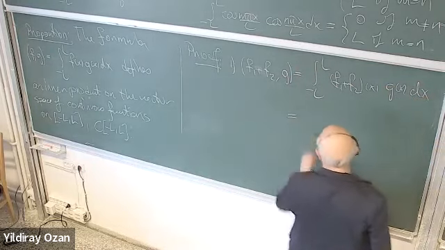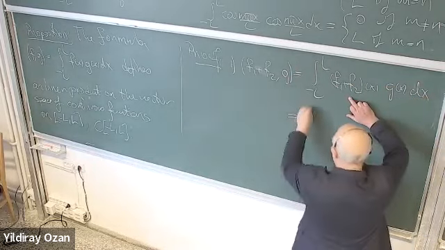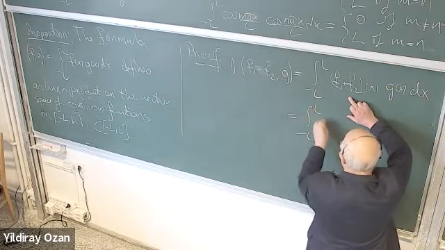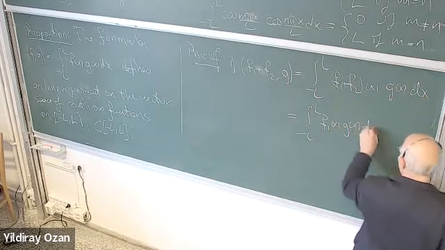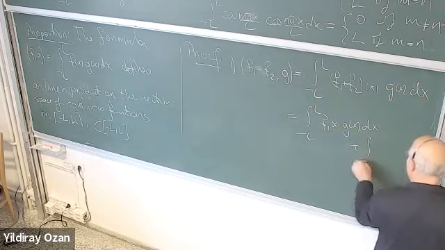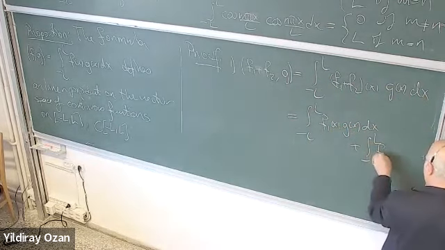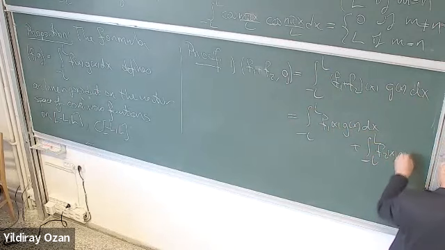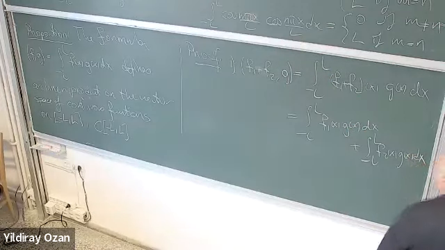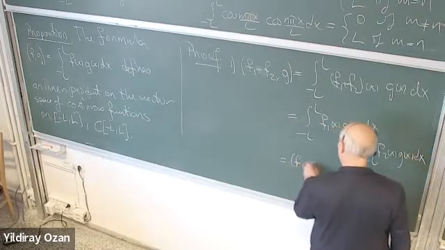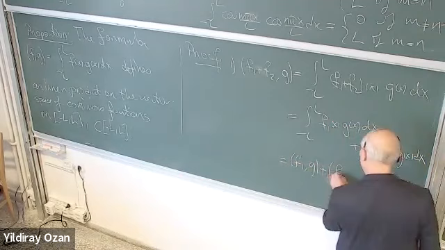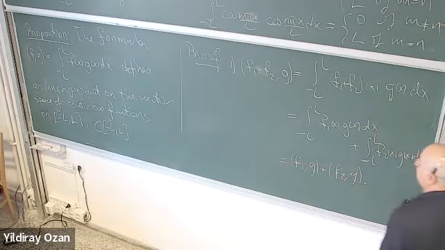But by the properties of the integral, this can be written as the integral of f1(x) g(x) dx plus the integral from minus L to L of f2(x) g(x) dx, and that is just (f1, g) plus (f2, g).